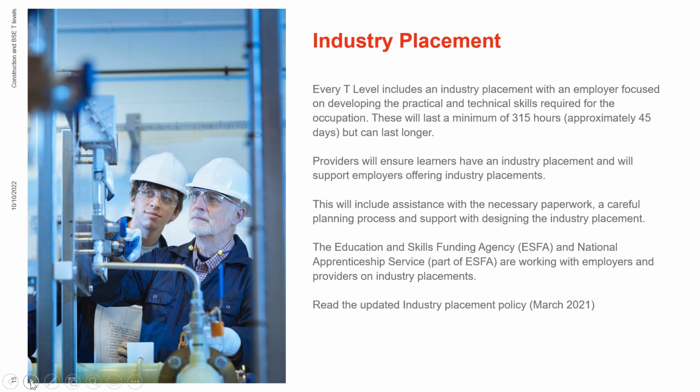So you will need to complete industry placement to actually achieve the T-level. We will provide a certificate for the actual technical qualification, but you won't get your T-level certificate until you've completed all the components Paul went through on that previous slide earlier on in the presentation. So industry placement would need to be logged, and the learner needs to carry that out.